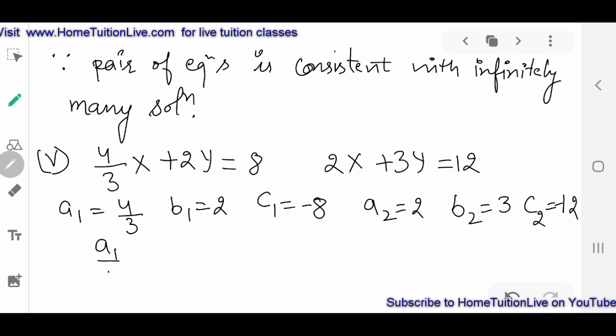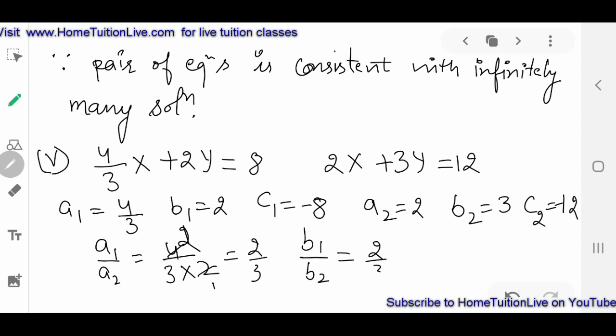A1 by A2 is 4/3 multiplied by 1/2, that will be 2/3. B1 by B2 is 2/3. Here you can see A1 by A2 is equal to B1 by B2.